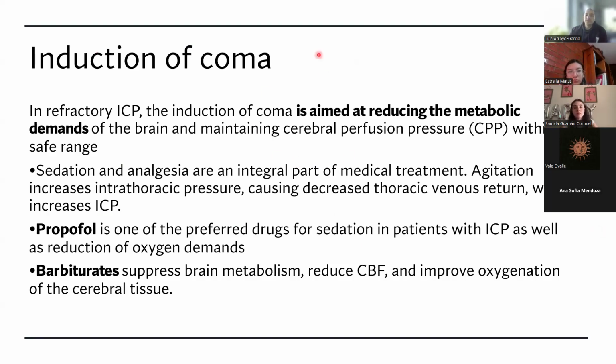In this case, what we can do is reduce the metabolic demands of the brain in a safe range. We're going to keep the patient without moving, because agitation increases pressure and increases the ICP, and then we can use something like propofol or barbiturates to induce coma completely in the patient.